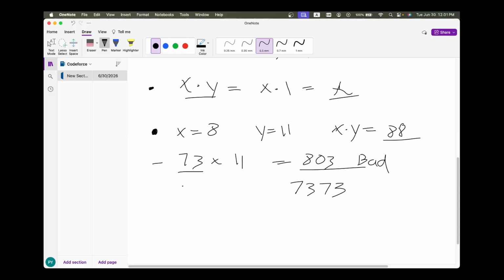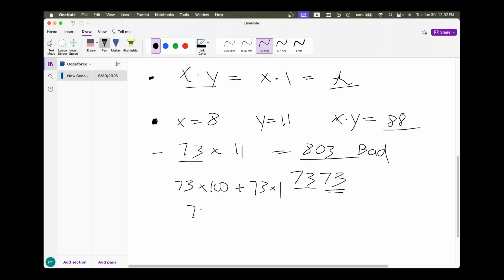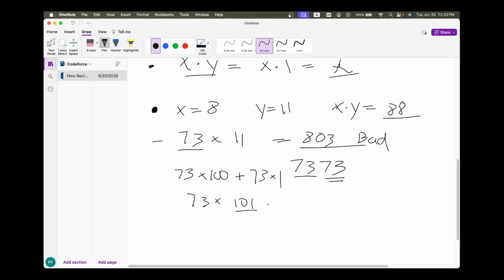Then you notice that you first multiply this 73 by 100, and then you add on this second 73, which is multiplied by 1. So you realize you're multiplying by 101, and this happens to only have two distinct digits as well. So this actually works out. So you choose y equal to 101.